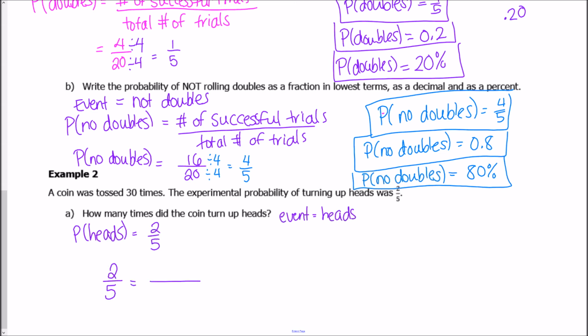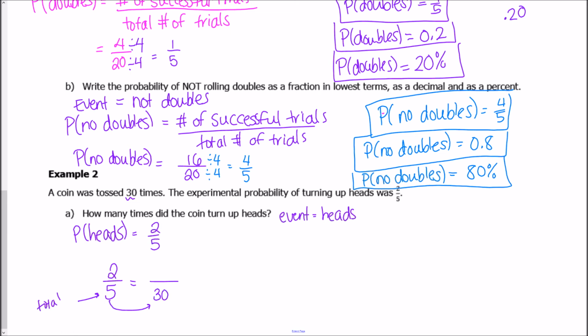But this time, since 5 is the total, we're going to make a proportion, and we are going to put the total number of times we actually flipped the coin, which was 30. So that's going to correspond to the same part as the 5, so we're going to put the 30 in the denominator.